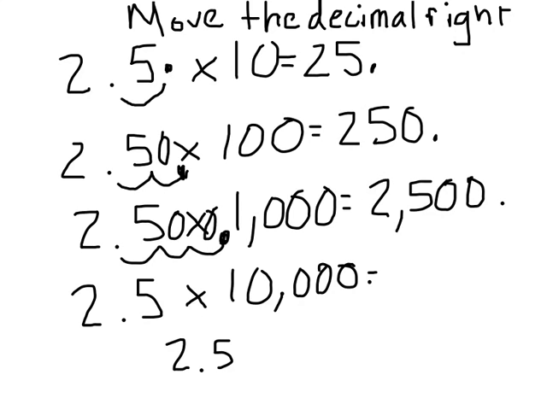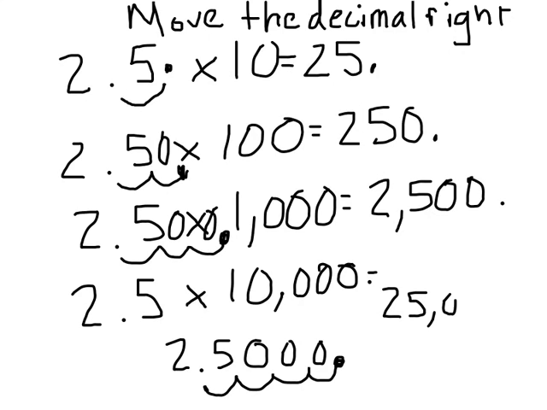Well, I would need to increase 4 places because 10,000 is 10 to the fourth power. So 1, 2, 3, 4. The answer is 25,000. I can check to see, is my 2 4 places greater than it started?